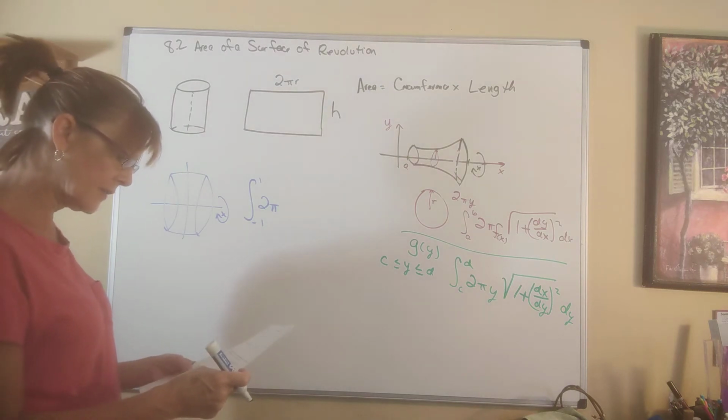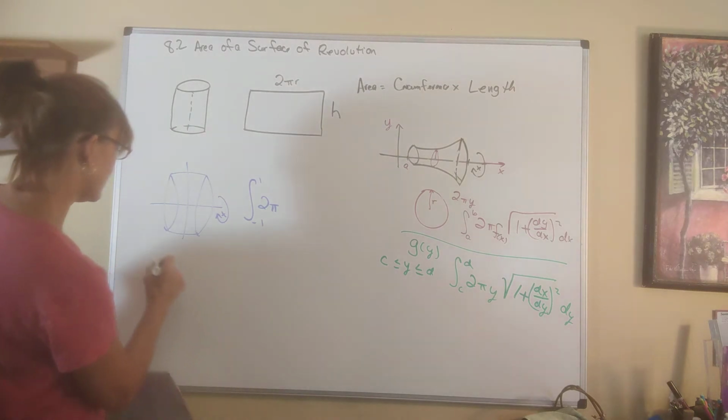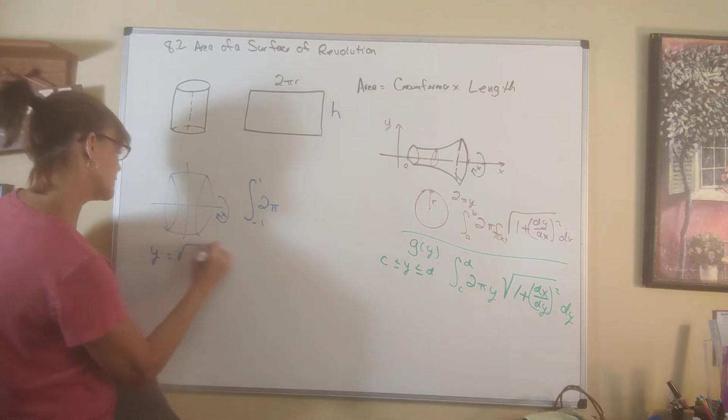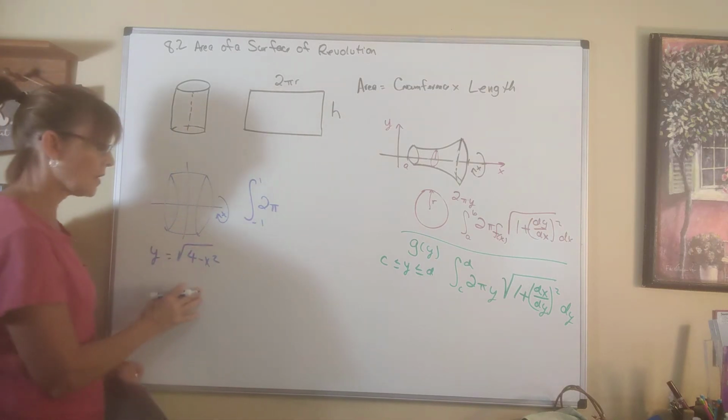But this is easily written. It's already written for us. y is equal to the square root of 4 minus x squared. So it's already written in terms of x.